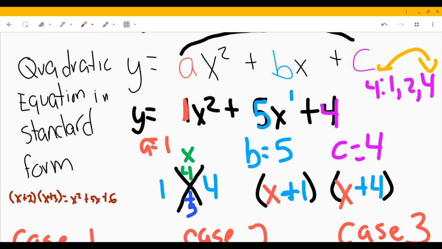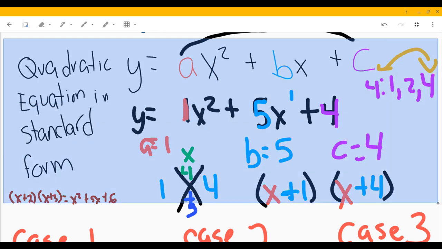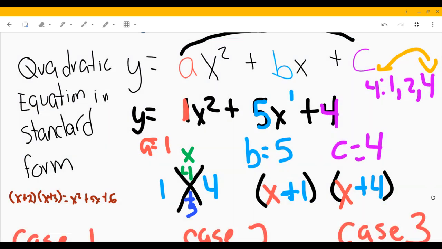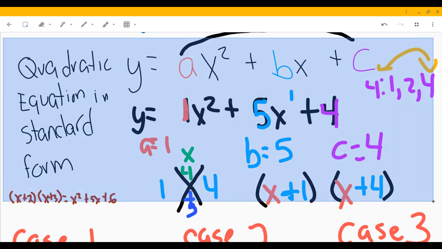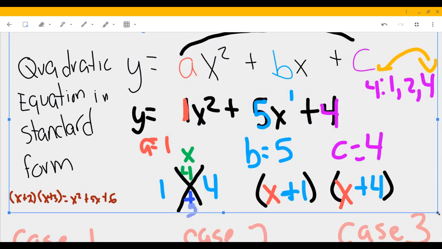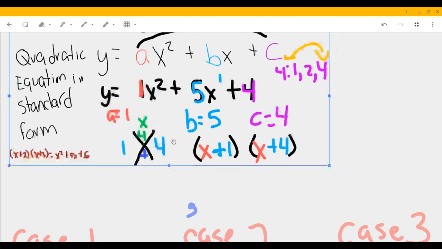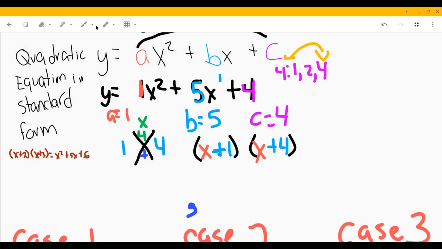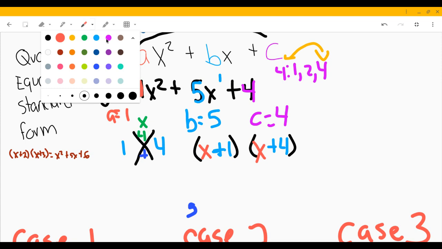So x plus 1 times x plus 4 should give us the value of x squared plus 5x plus 4. How can we double check that? Well, we can just go back to our do now, and we can multiply these two binomials using the distributive property.